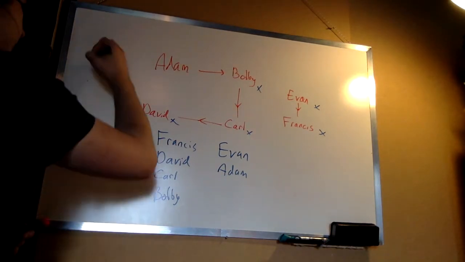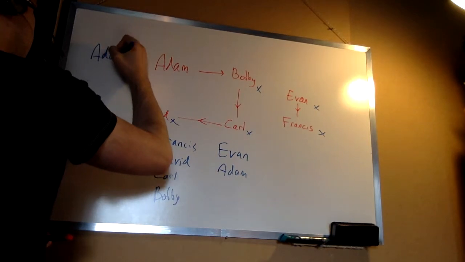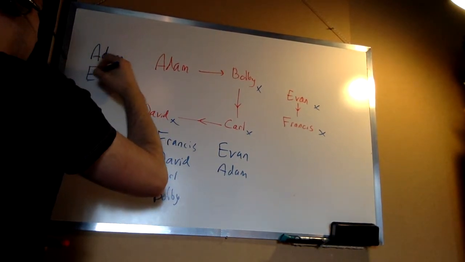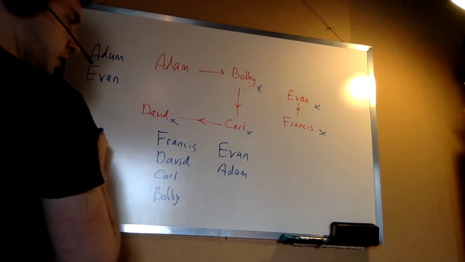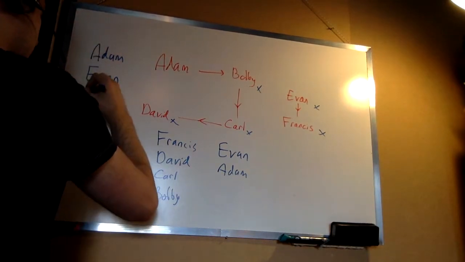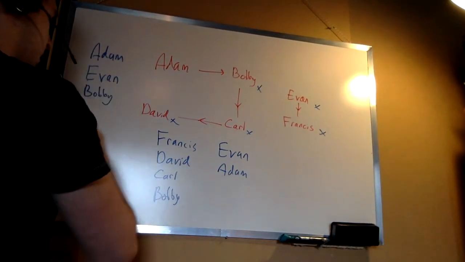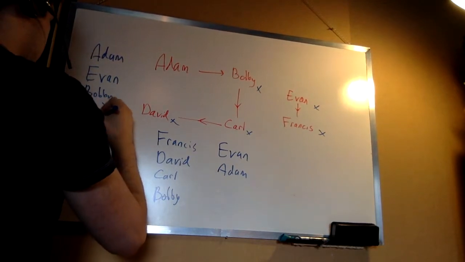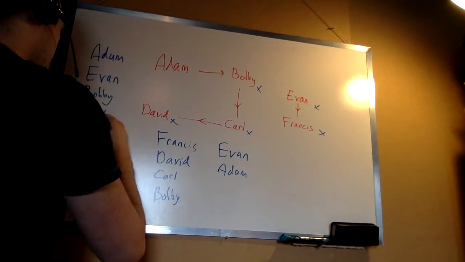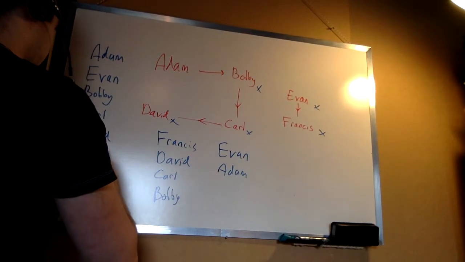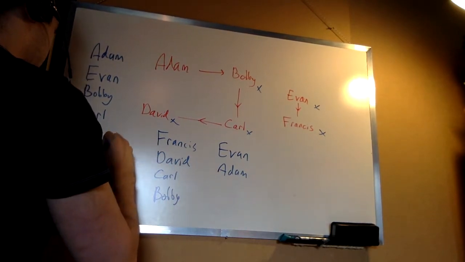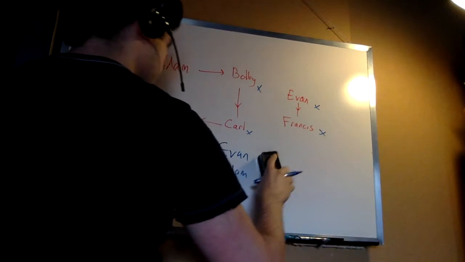Topological sort gives us the reverse order. So Adam would be first, and then Evan, and then Bobby, and then Carl, and then David, and then Francis.